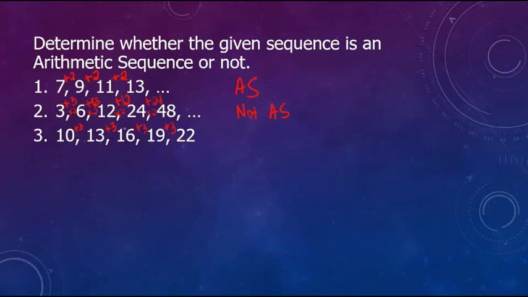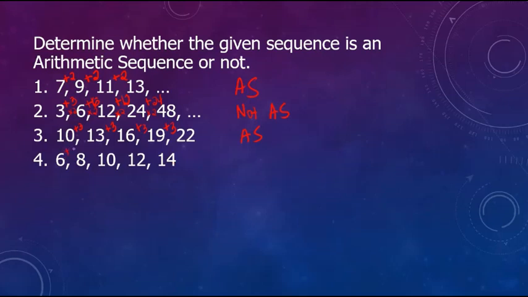Okay, pare-pareho ba yung number na ina-add? Since constant or fixed yung number na ina-add nyo to each term to get the next term, so therefore, this sequence is an arithmetic sequence. Okay, next, we have 6, 8, 10, 12, 14. Pare-pareho ba?